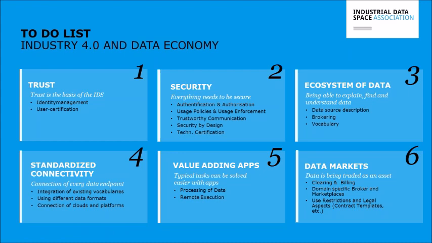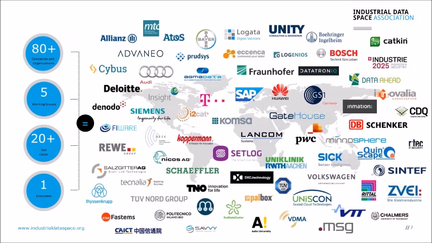Data as an economic asset can be traded on data markets like an asset, and so we have to provide and think about functionalities like clearing and billing, brokering, and we have to face legal aspects and use restrictions. And that is all part of the reference architecture within the industrial data space approach, and Sebastian will have a deeper insight in that later on.